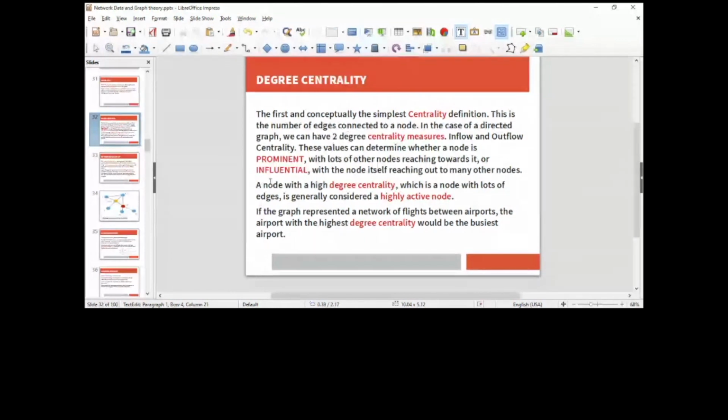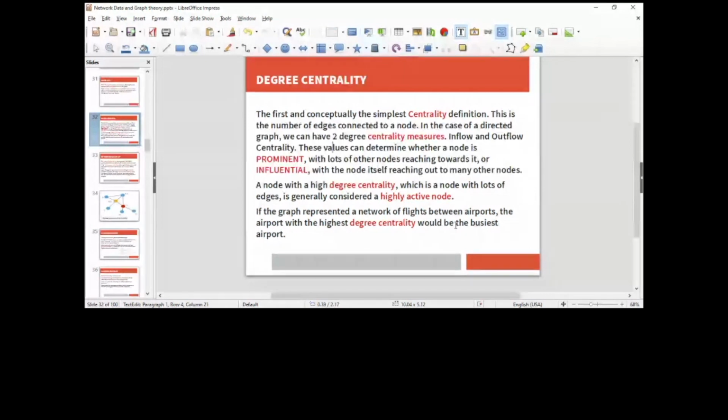So a node with a high degree of centrality, which is a node with lots of edges, is generally considered a highly active node. If the graph represented a network of flights between airports, then the airport with the highest degree of centrality would be the busiest airport in the world. The busiest airport in the world is most likely London, maybe a little bit of New York.